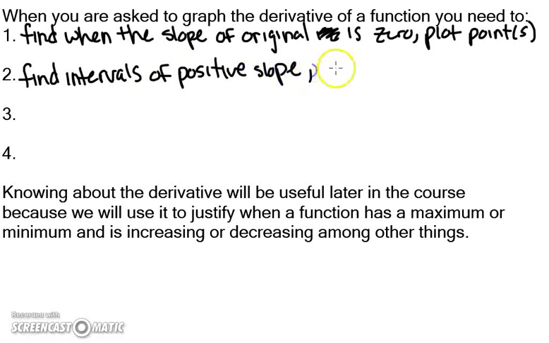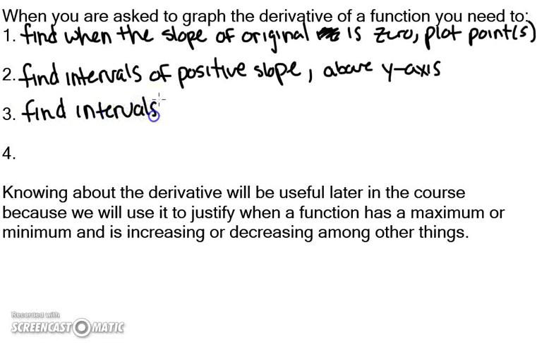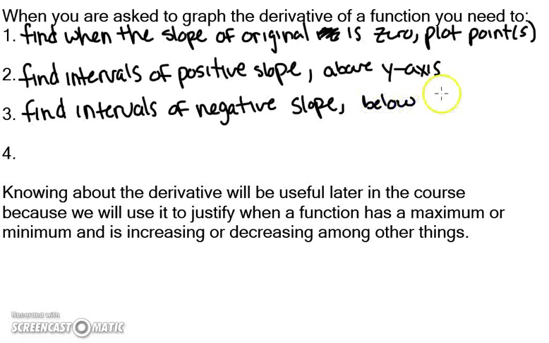When we go to graph, these are going to be above the y-axis, because a positive slope is going to turn into positive y values. Step 3, we want to do the same thing, but with negative slope, and that's going to be below the y-axis when we go to graph.